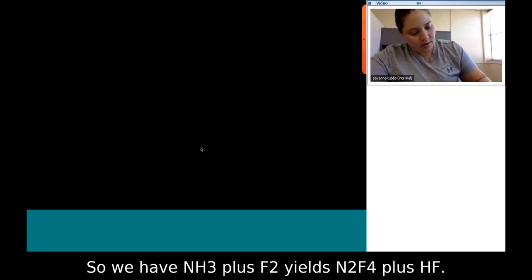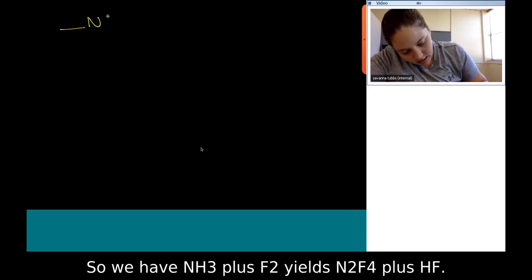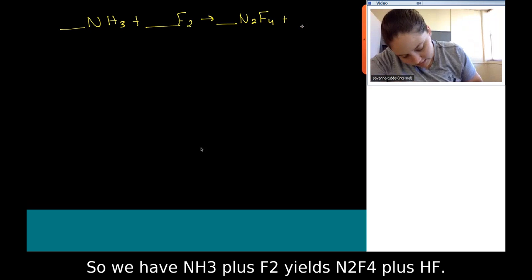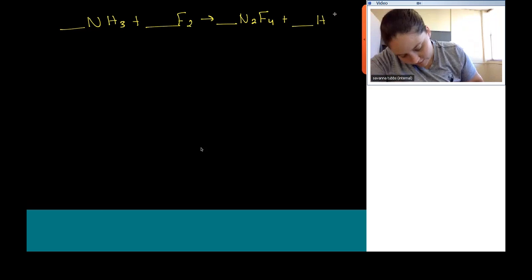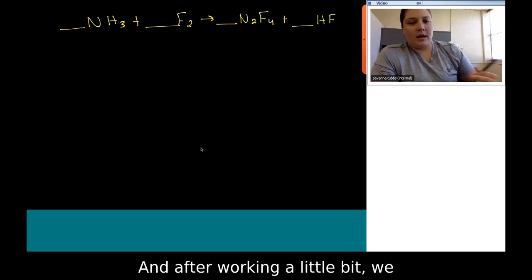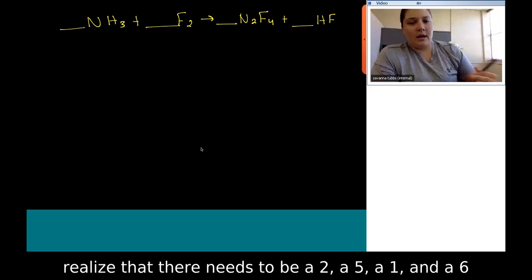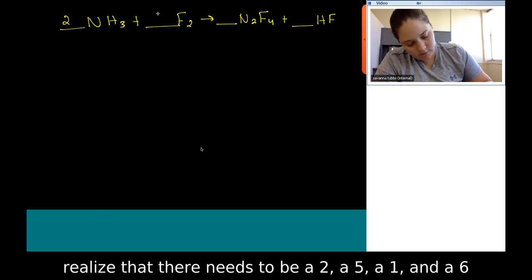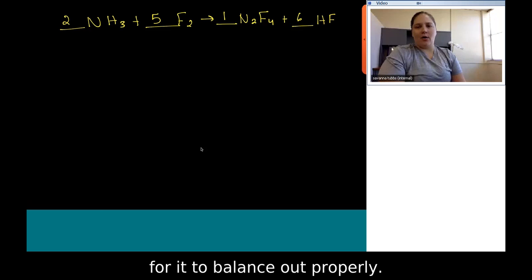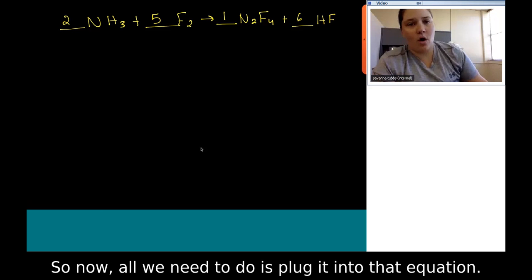So we have NH3 plus F2 yields N2F4 plus HF. And after working a little bit, we'll realize that there needs to be a 2, a 5, a 1, and a 6 for it to balance out properly. So now all we need to do is plug it into that equation.